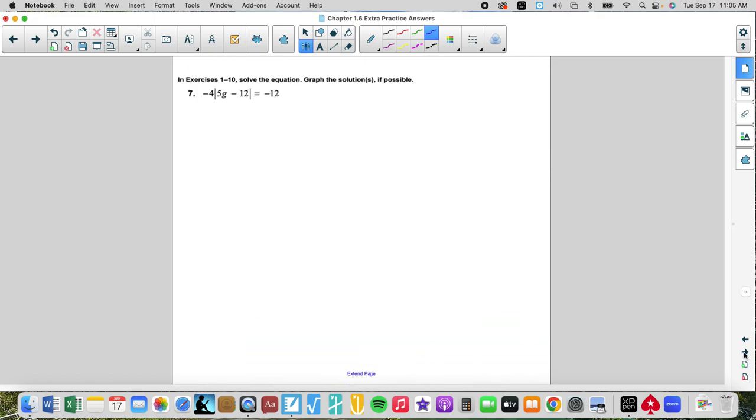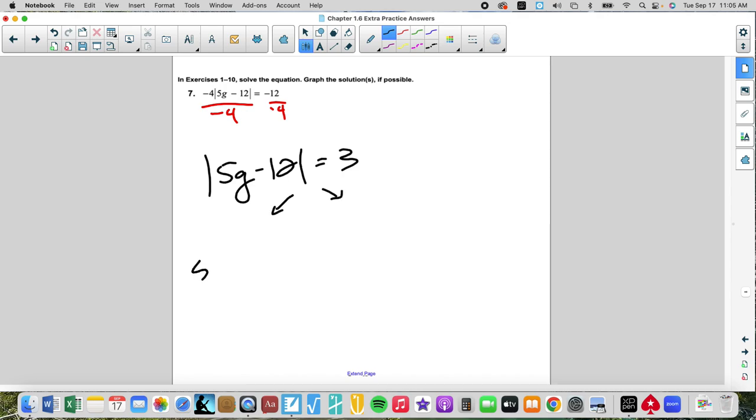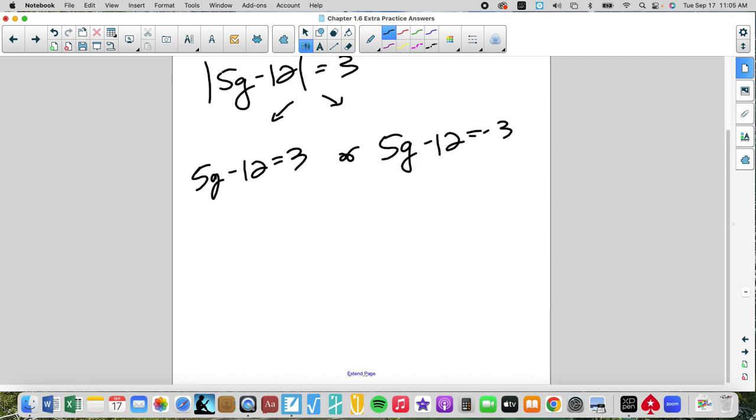We still want to, hey, oh, there's an absolute value equal to negative. Nope, it's not isolated. We have to isolate the absolute value first before we look to see if it's equal to a negative value. And that gives me positive 3, so that is okay. I can continue on. That gives me 5g minus 12 equals 3, or 5g minus 12 equals negative 3.